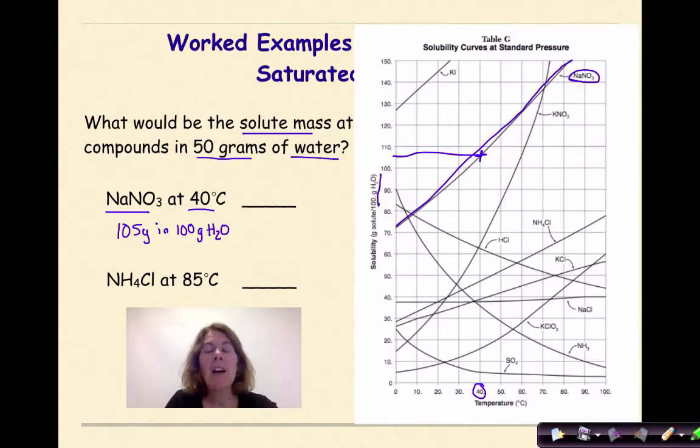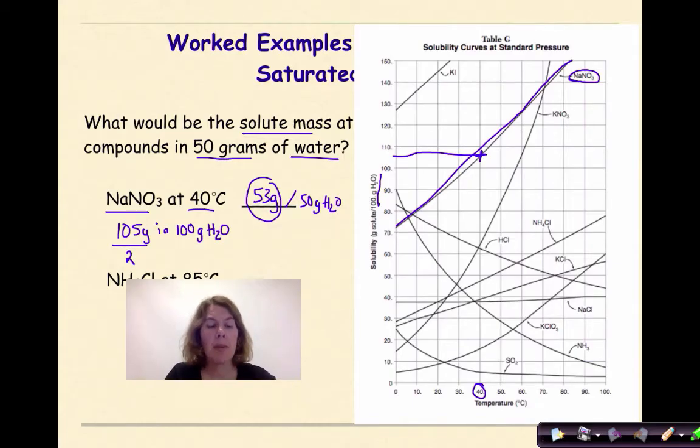But this is not 100 grams of water. Instead, this is 50 grams of water. So what I need to do is to divide that 105 grams by 2, and when I do that, I get roughly 53 grams of solute per 50 grams of water. And what you would record is the 53 grams of solute.